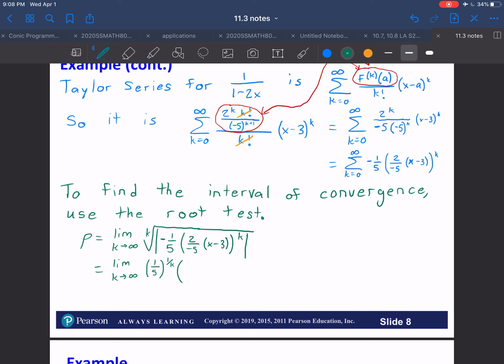And this is multiplied by 2/5 times x minus 3. Remember that the negative signs basically disappear because of the absolute value.